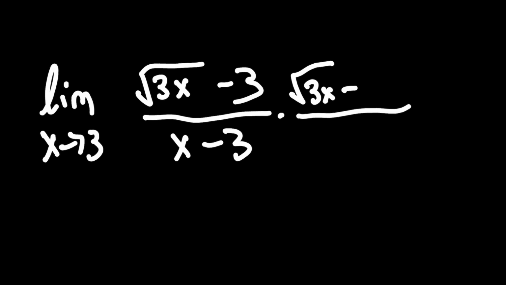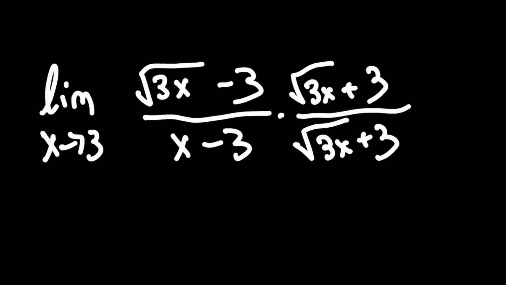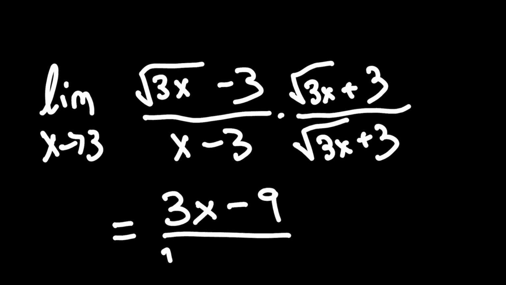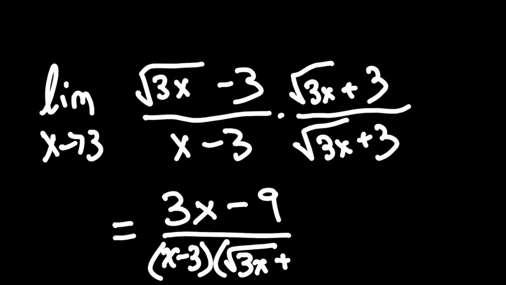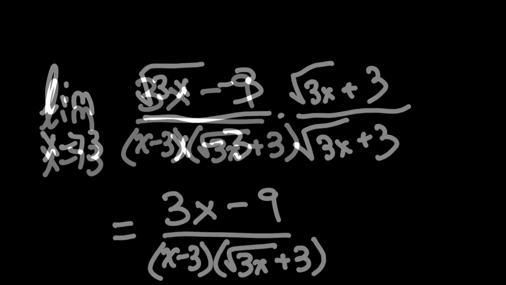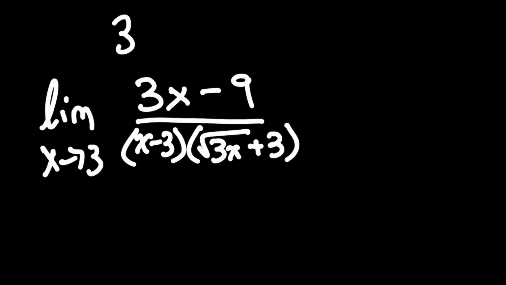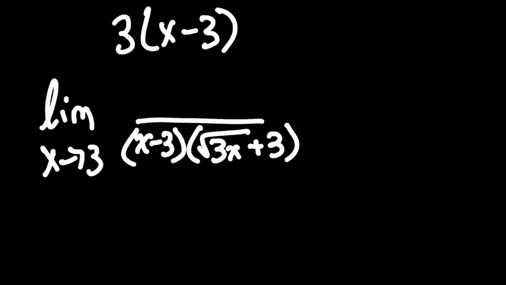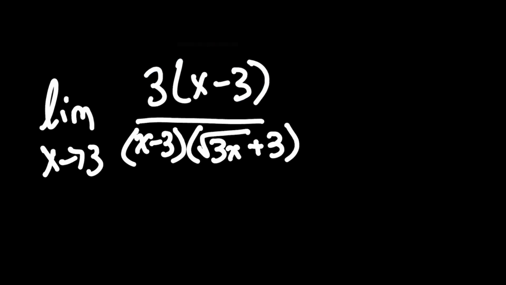If we multiply by square root of 3x plus 3 over square root of 3x plus 3, what we'll see is that we will end up getting 3x minus 9 over x minus 3 times square root of 3x plus 3. We can factor this even more by pulling out a 3, and we'll get x minus 3 on the top. Therefore, we can now cancel out this value right here and this value right here and analyze the limit.